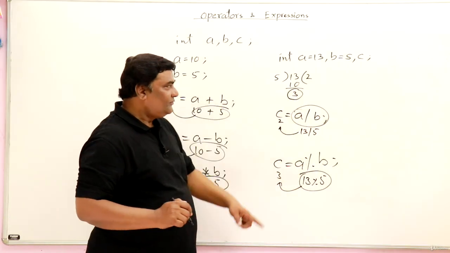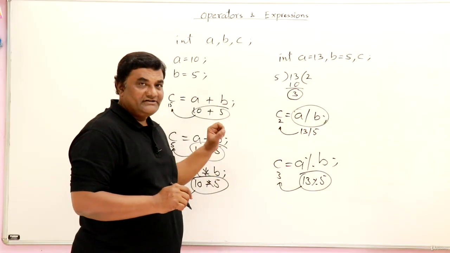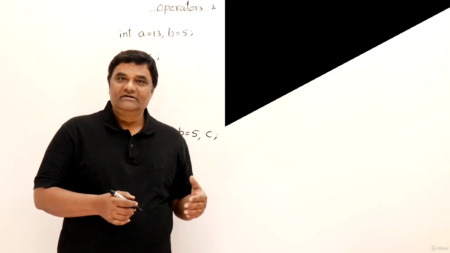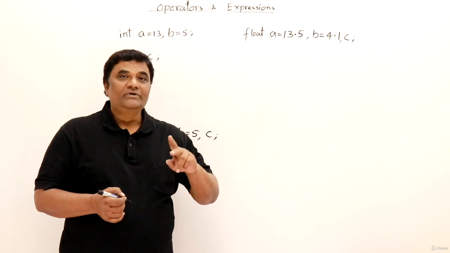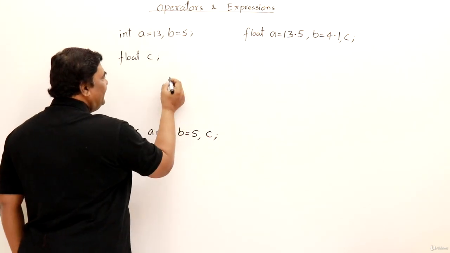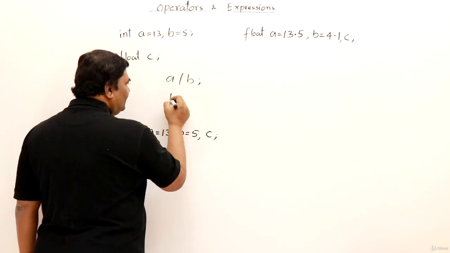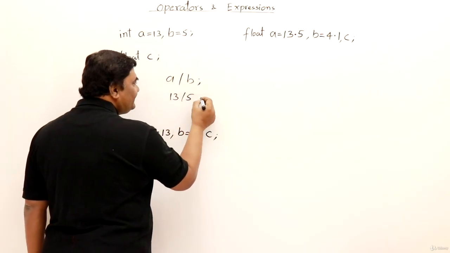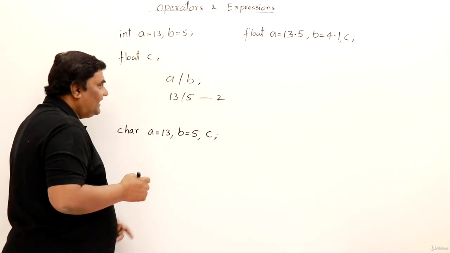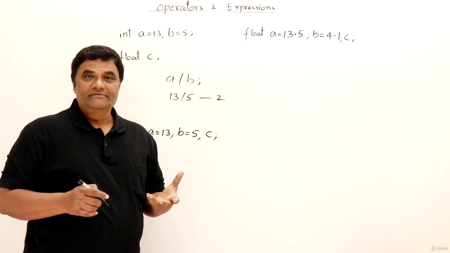Now next I will show you what you should do if you want a float result. So I will remove this and show you. Let us see how to get the floating point result if two integers are divided. See, we want to divide A and B. As A and B are both integer type, 13 divided by 5 gives the result as 2. Actual division gives 2.6, that is float.